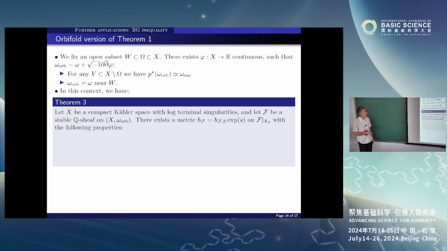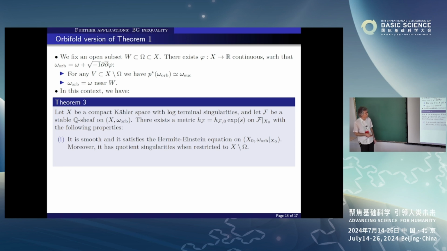Q-sheaf means exactly that locally it has the structure of a vector bundle near each point outside W. And then the same thing, we can construct a metric on F restricted to the smooth part with the following properties. It's smooth and satisfies the Hermitian equation here.